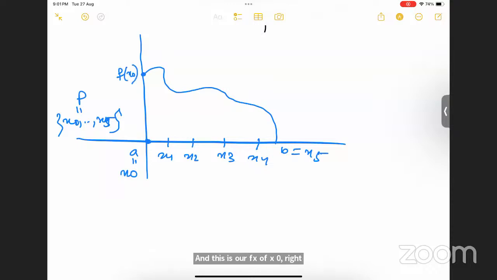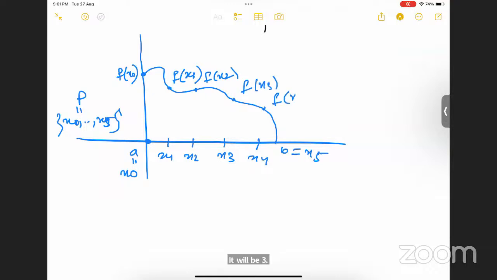This is our x1, it was our f of x1, right? This is our f of x2, f of x3, and so on, and this was our f of x5.